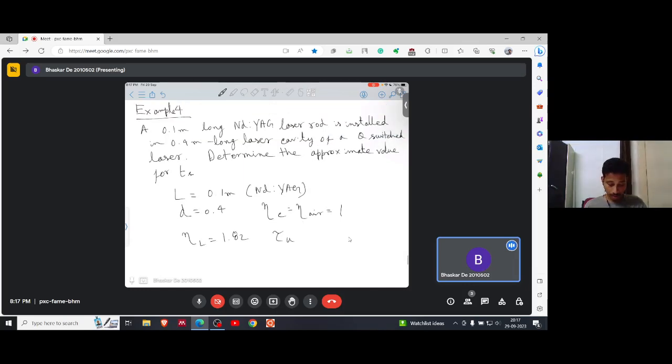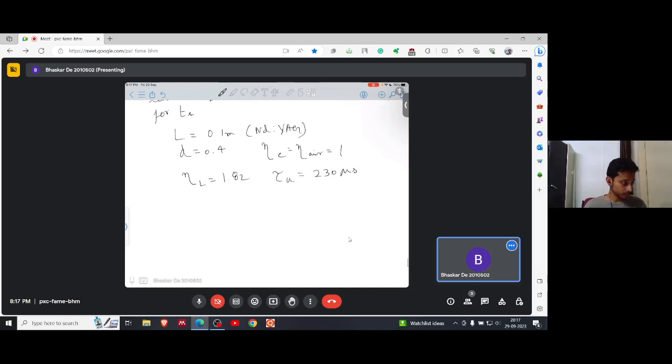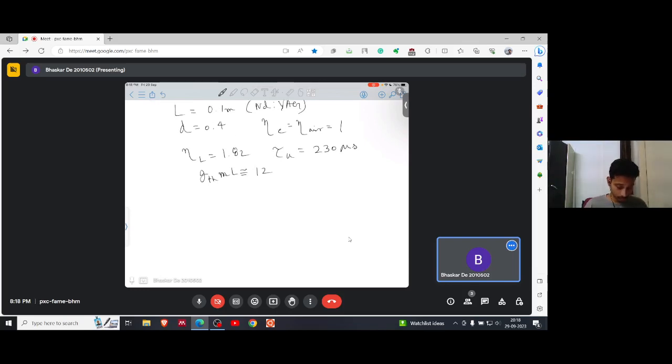So eta L is 1.82 and the lifetime of the upper laser level in Nd:YAG is 230 microseconds. G_th NA is 12, where NA is the effective gain length.